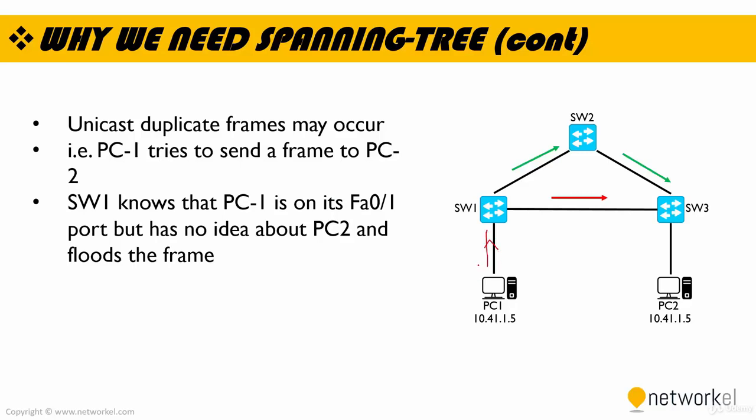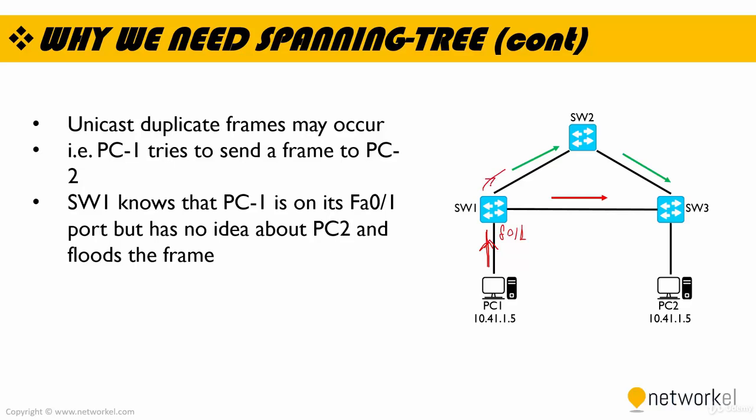Switch 1 knows that PC1 is on its FastEthernet 0/1 port, but switch 1 has no idea about PC2. Because of that, switch 1 will flood the traffic out from its other ports.